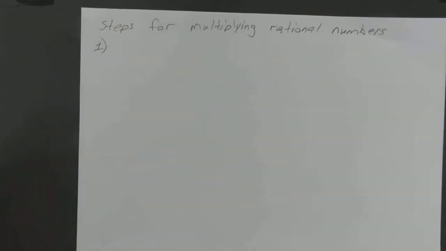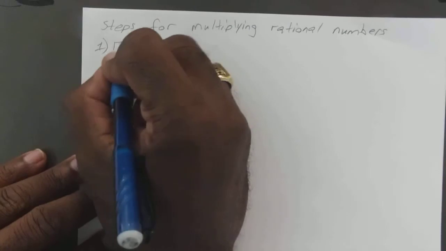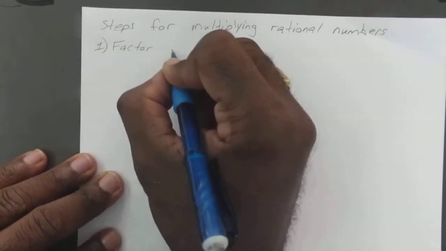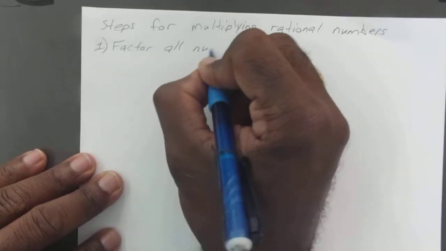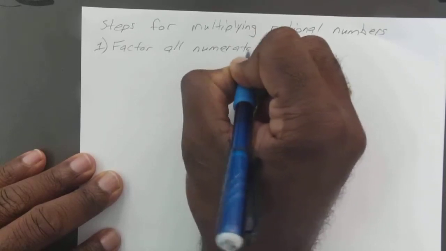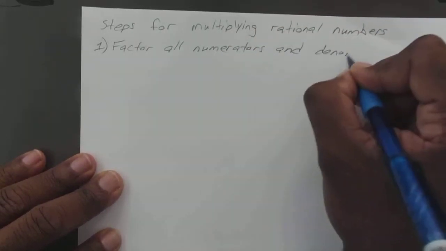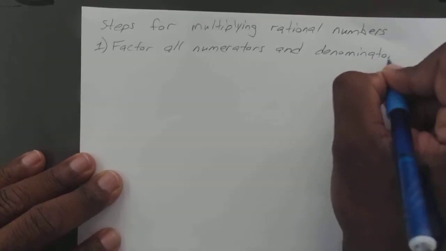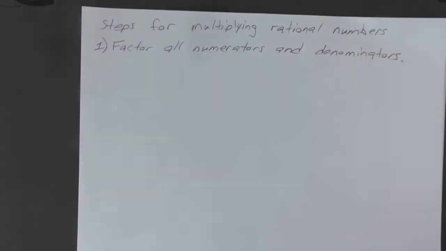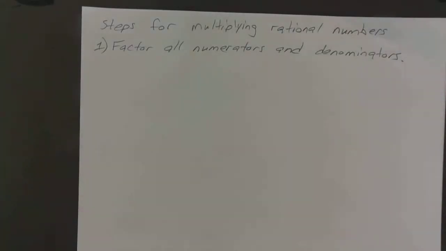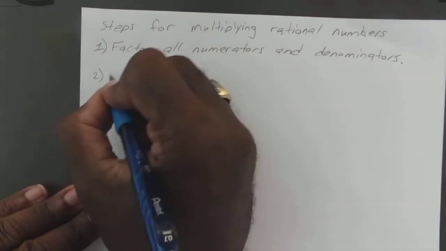Okay, so your first step, you want to factor all of your numerators and denominators. Okay, and then once you factor them out, you just multiply the numerator times the numerator and denominator times the denominator.